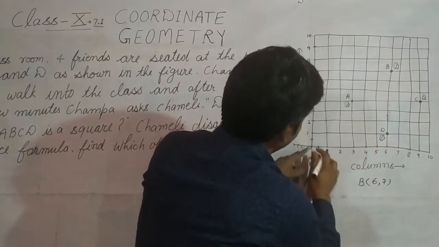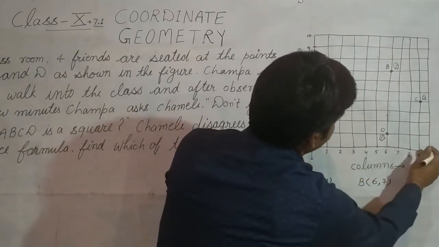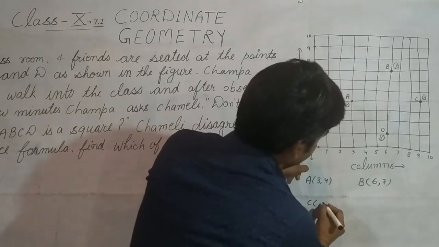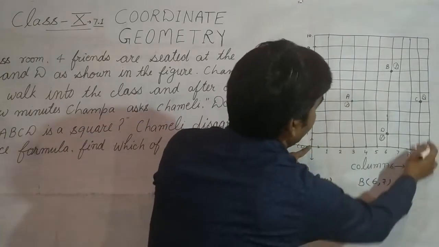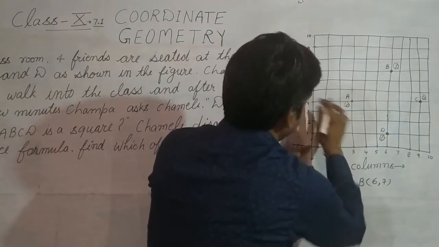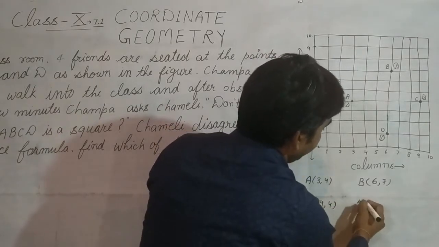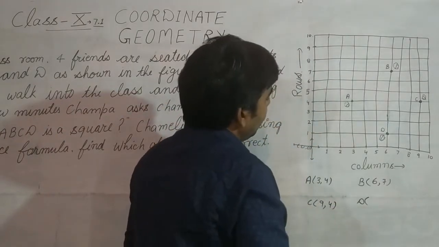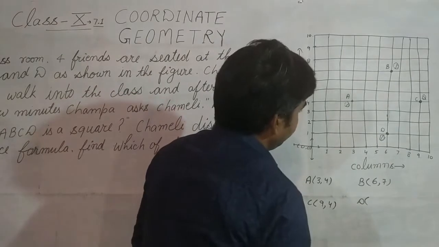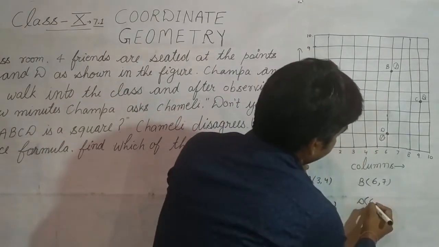For C, I am going here. This is 9 and this is 4. And D. It's D here. We are going here 6 and this is 1.